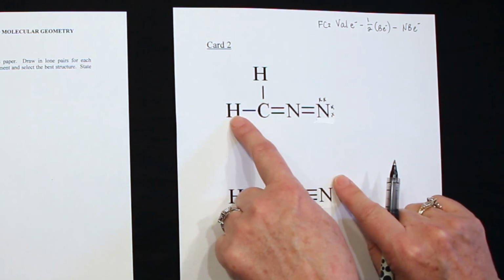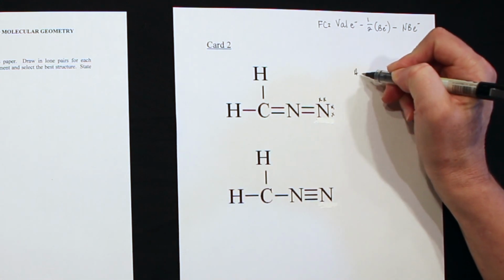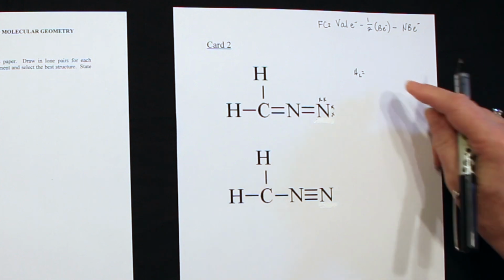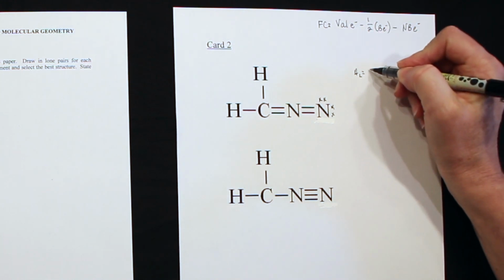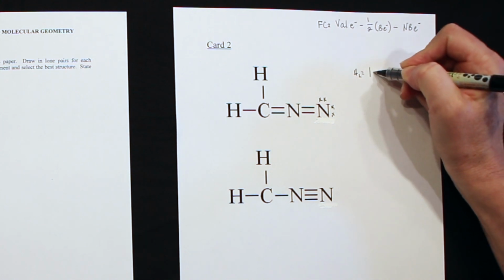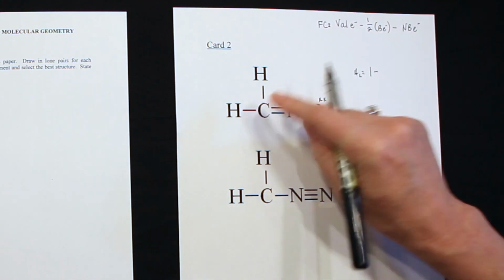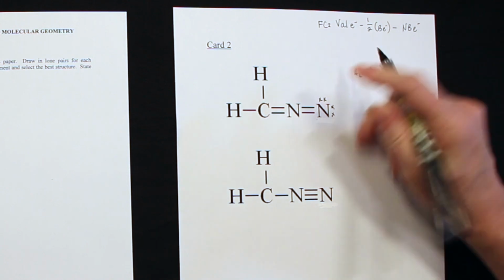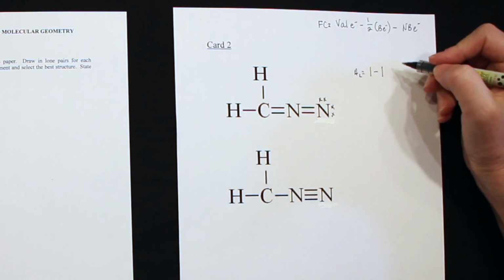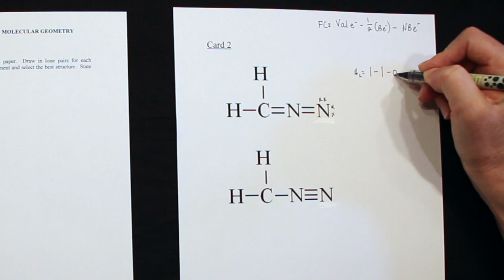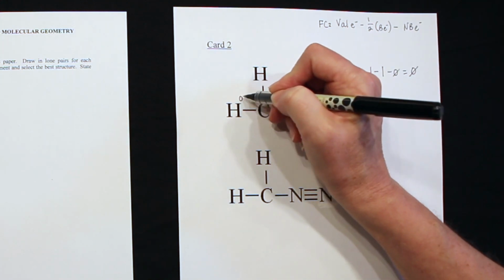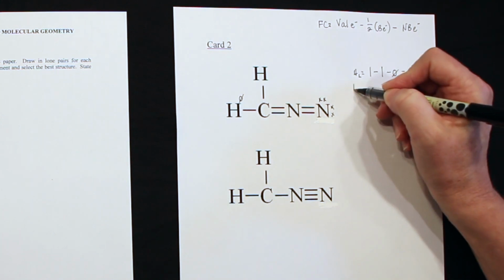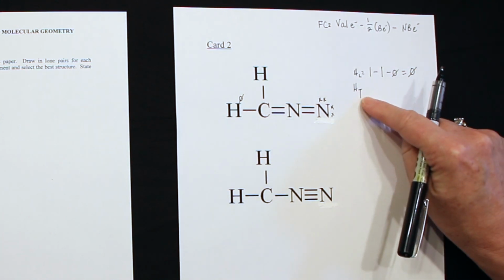Let's calculate the formal charge on this hydrogen. And I'll just do hydrogen left. Valence electrons, I have 1 minus half of the bonding electrons, 1, because I've got 2 in that bond, and minus 0 for non-bonding electrons. That is 0. Let's do the top one.